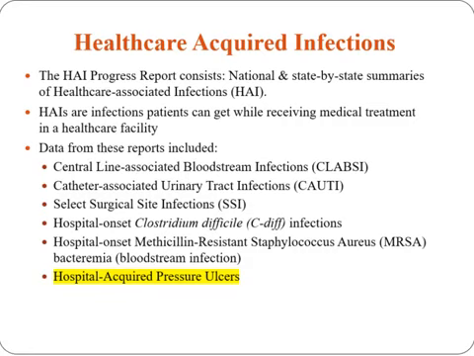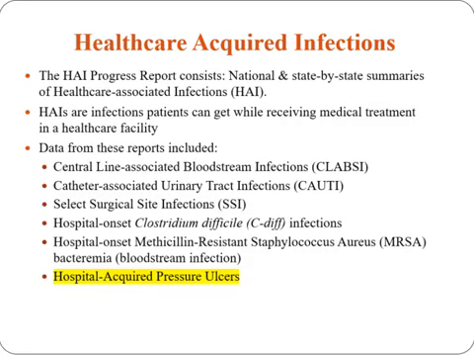So some examples of these are central line associated bloodstream infections. We abbreviate that CLABSI. Or catheter associated urinary tract infections are CAUTI. Then there are select surgical site infections, which is SSI. C. diff that is acquired in the hospital. We can get MRSA from the hospital.